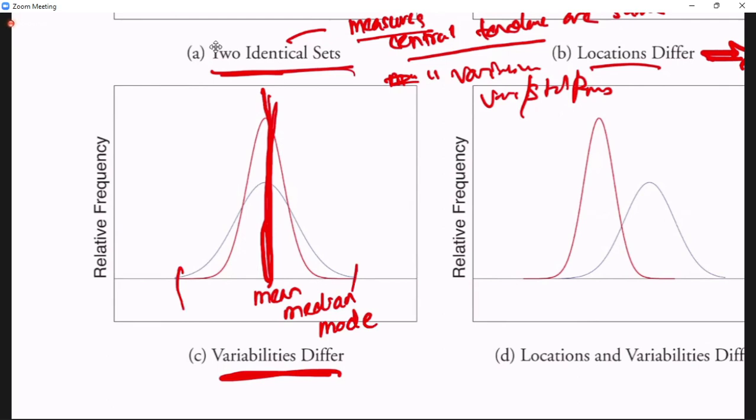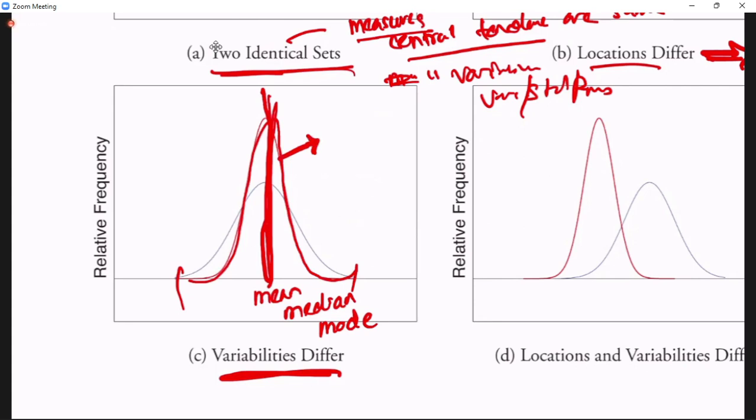But there's only one difference. What is that? Their variability. Look at the shape. Their shape is different, no? Location is the same, but the shape is different. Here, the red curve, does it have less variability or high variability?